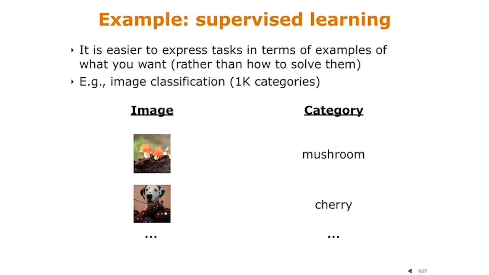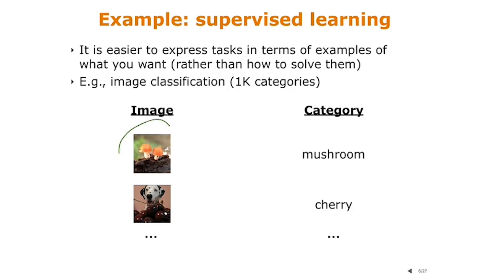Let's be a little bit more concrete. So the machine learning tasks are really provided in terms of examples. It's very easy to show examples of how you would want the method to behave. Examples of correct behavior.